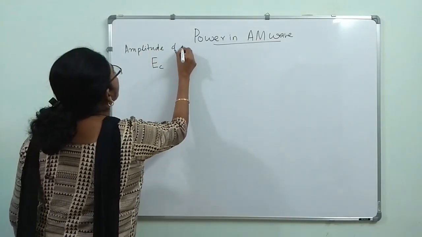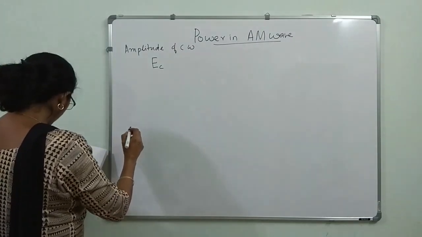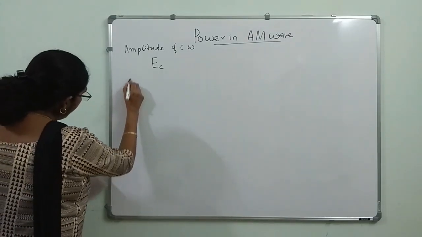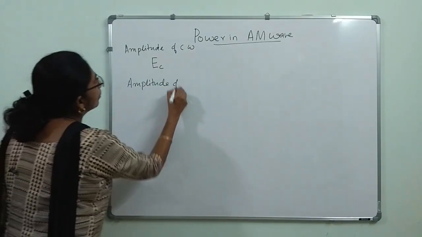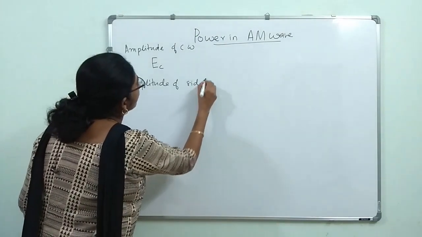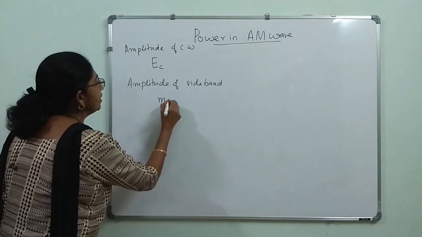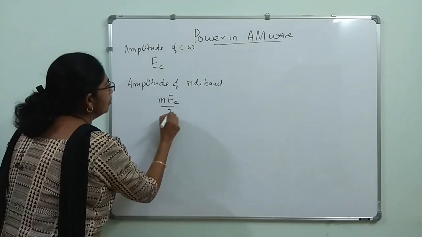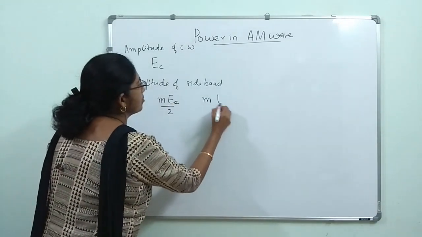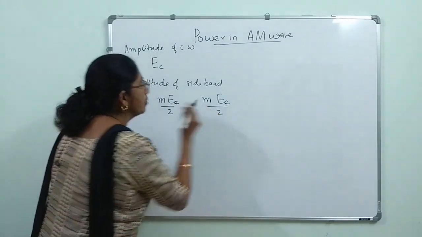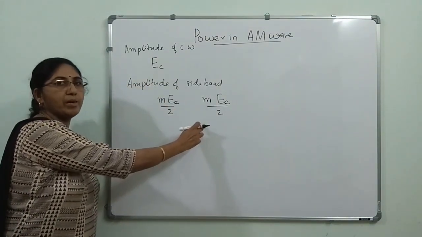Then the amplitude of the sidebands: if M is the modulation index, it is MEC by 2. This is for the upper sideband, and for the lower sideband also you have MEC by 2. So these are the amplitudes of the carrier wave and the two sidebands.